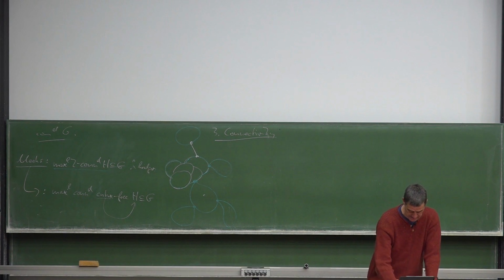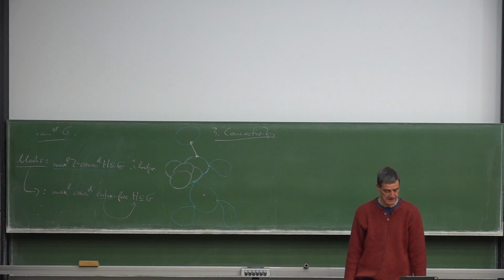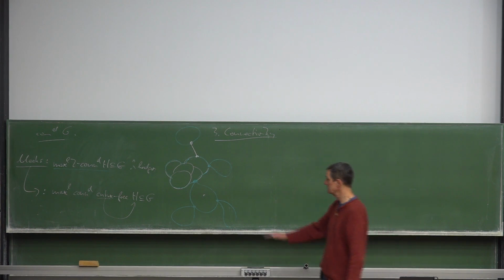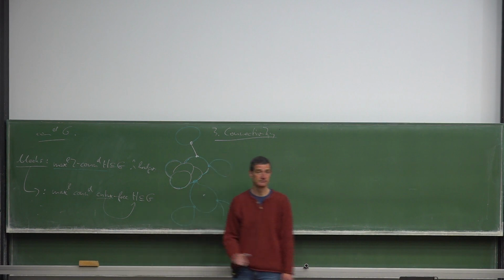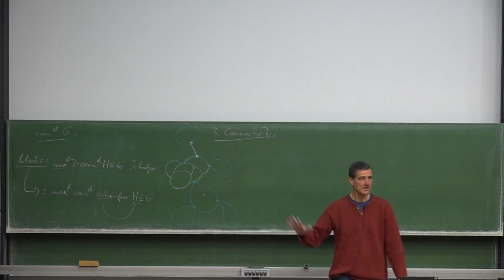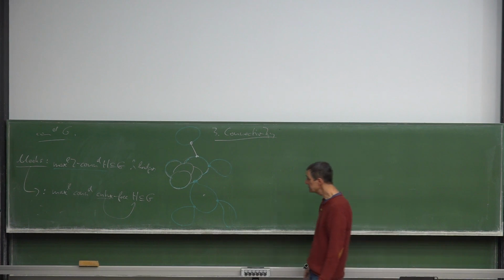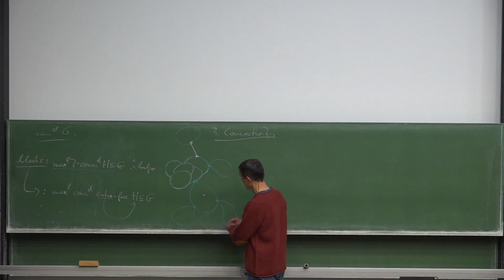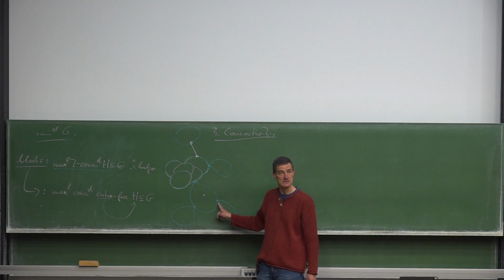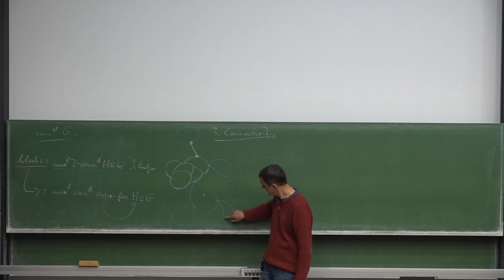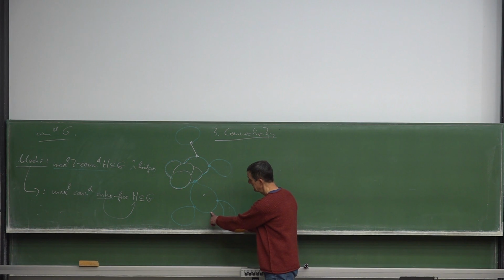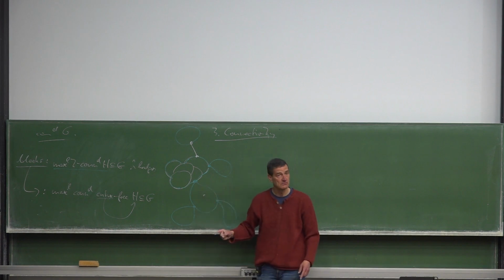And so let's look at some properties of blocks now by that definition. I'm not going to write them up, but let's just mention them. First property is that different blocks share at most one vertex. Right? If they had another vertex in common, so this one as well, then the whole thing would be cut vertex free.